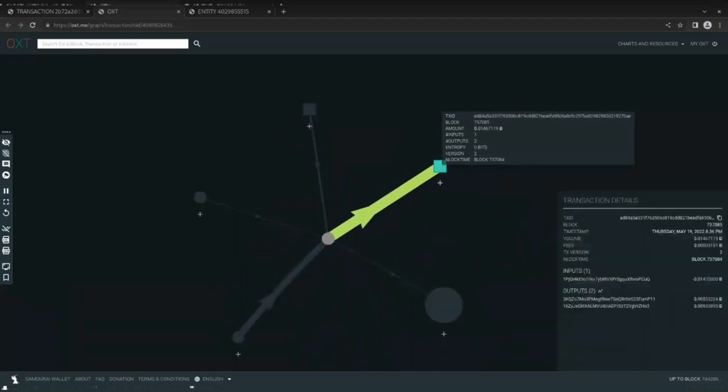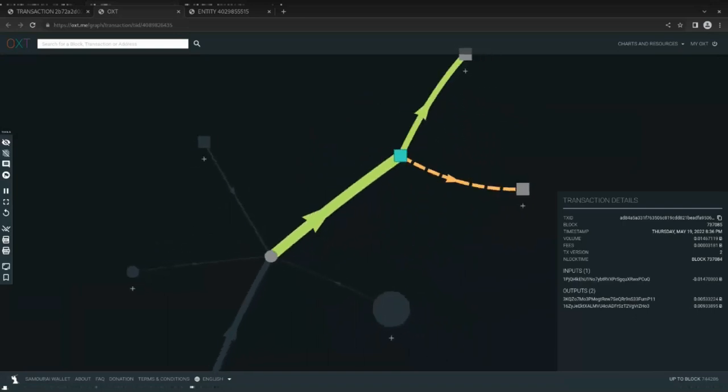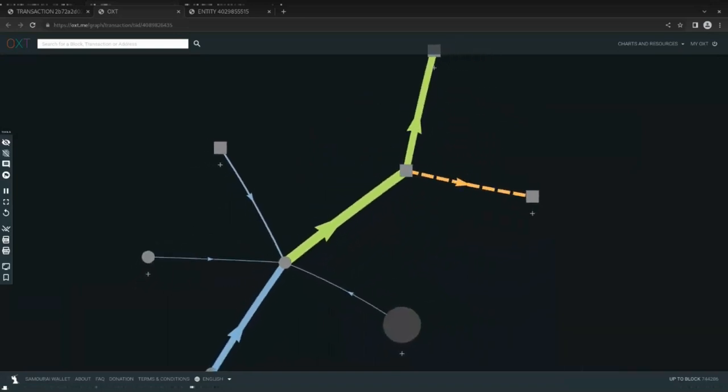So going forward, I'm going to double click and expand this transaction. We could also selectively expand inputs and outputs by hovering just to the right of the TXOs in the transaction detail page. But I'm just going to double click and we'll see how this starts to progress.